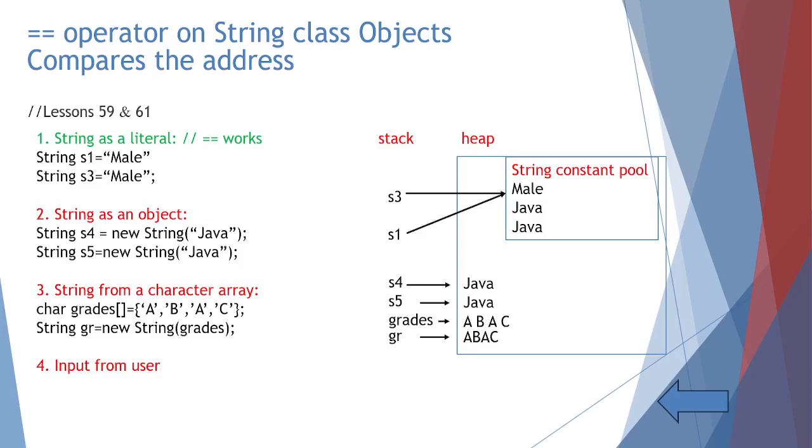Not only that, even if we declare a string as a literal, we can use all three methods. No need of using only double equals. So as a programmer, we better use these three methods instead of the operators.